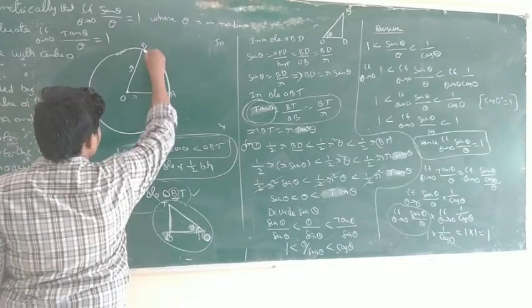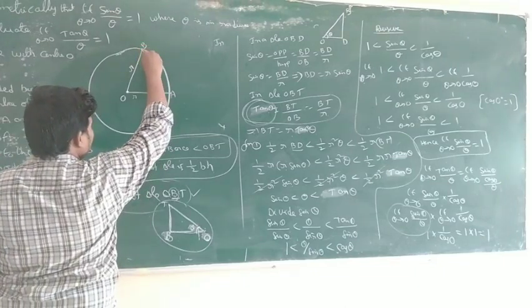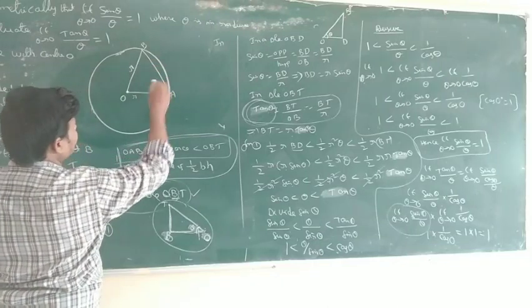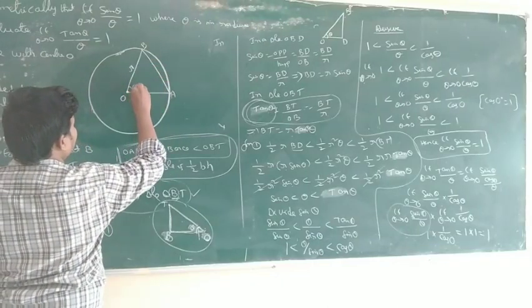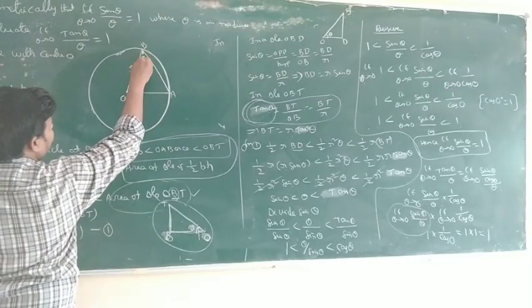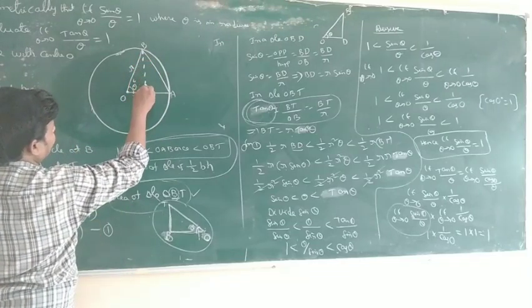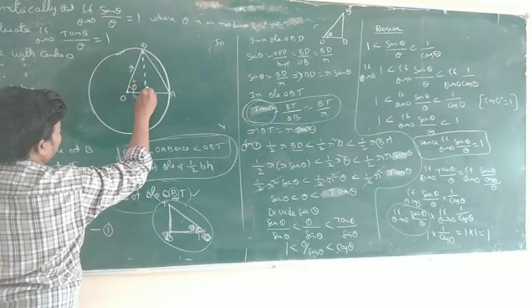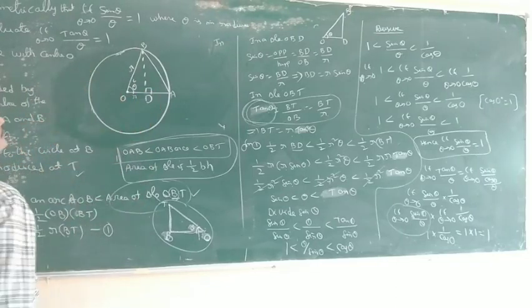Next, draw the line AB. The angle is theta radians. Then draw the line BD, where this is D, and this is the perpendicular.